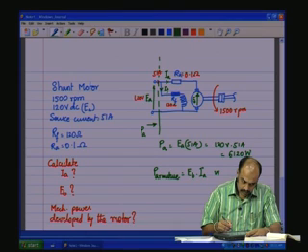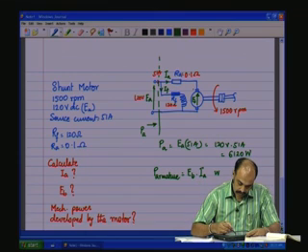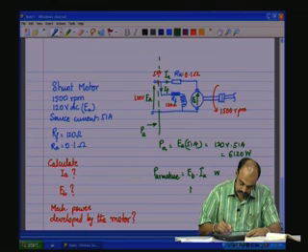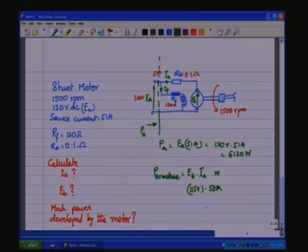So, EB into IA is nothing but this voltage which we calculated, which is 115 volts, into this current which is 50 amps, which is 5750 watts.